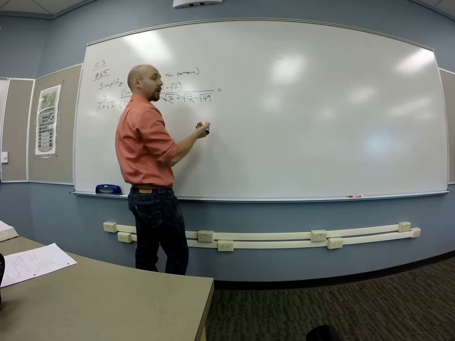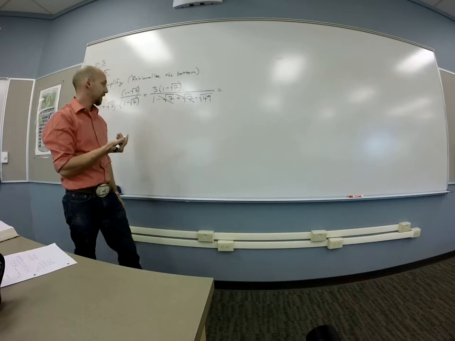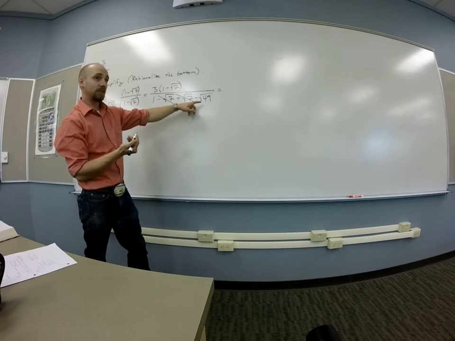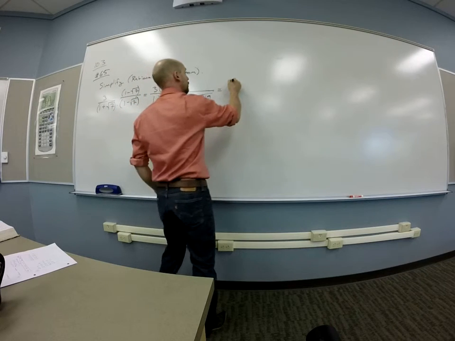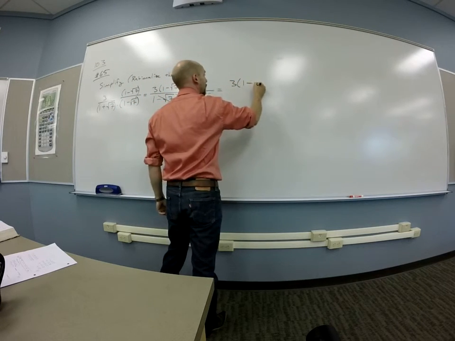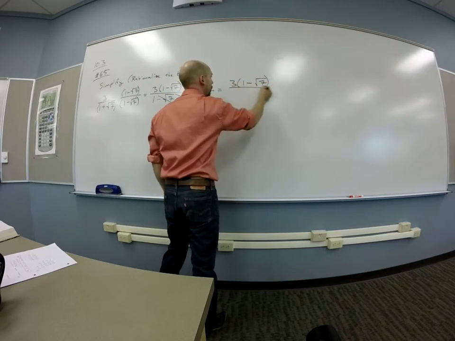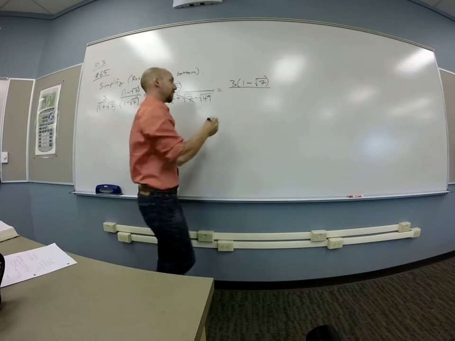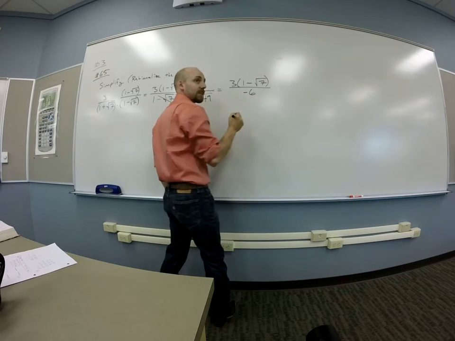Actually, I haven't finished simplifying, right? What more simplification can I do here? Root 49 is 7. So I've got 3 times 1 minus root 7 over 1 minus 7, which is negative 6.